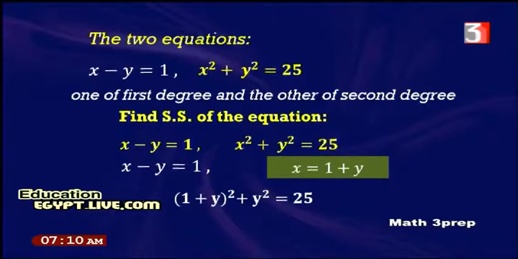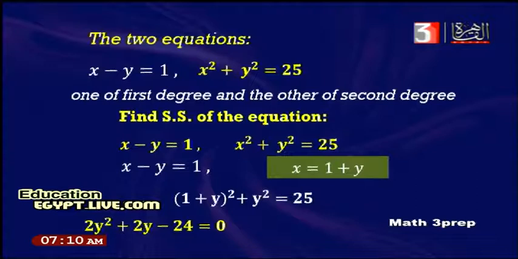Of course, yes. Its expanded form will be 1 plus 2y plus y to the power of 2, plus y to the power of 2 equals 25. By putting the whole equation on one side, you are going to find that 2y to the power of 2 plus 2y minus 24 equals 0.